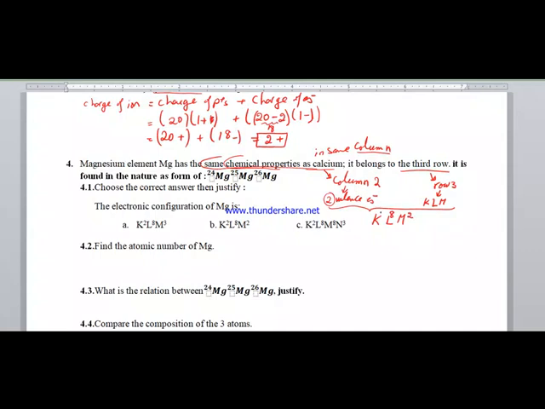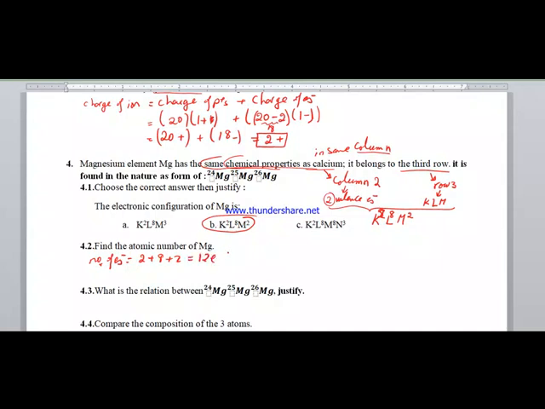The others will be completed by 8 and 2. So the electron configuration of magnesium is K2L8M2.